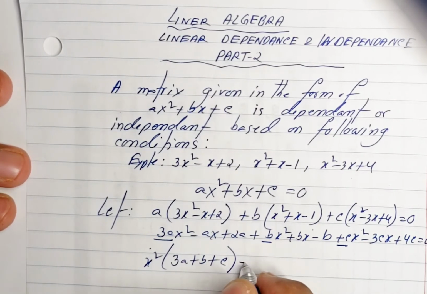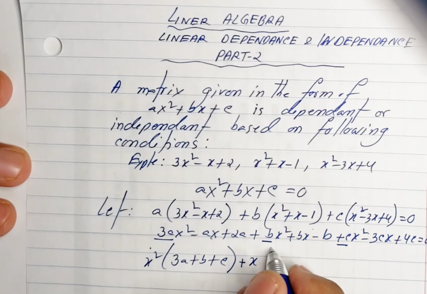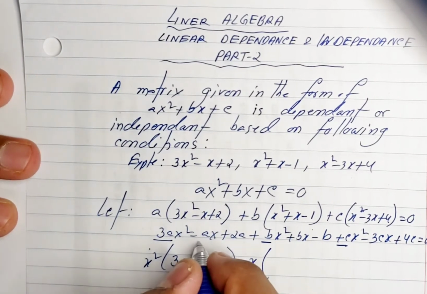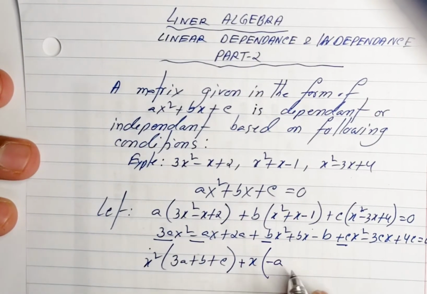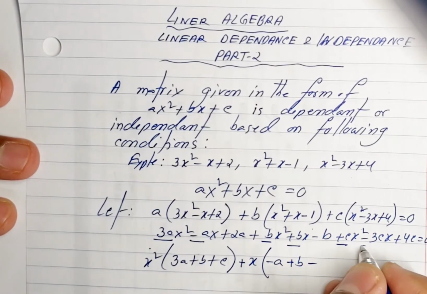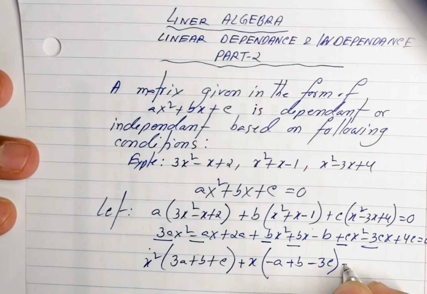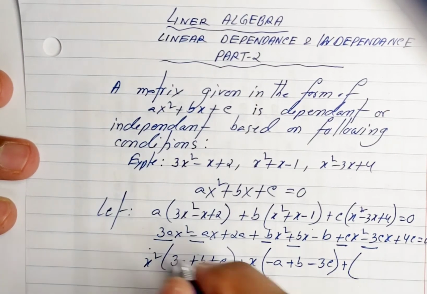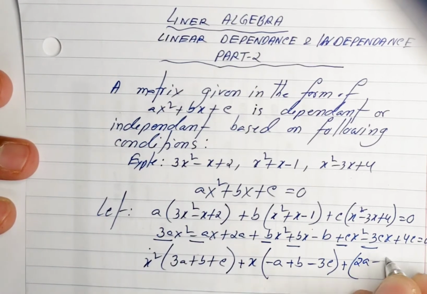And then plus x, you separate the x terms here, which gives you minus a plus b minus 3c. Similarly, you separate the constants only, which is 2a minus b plus 4c, equals 0.